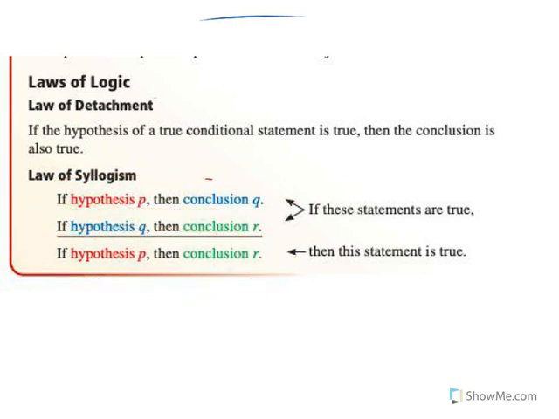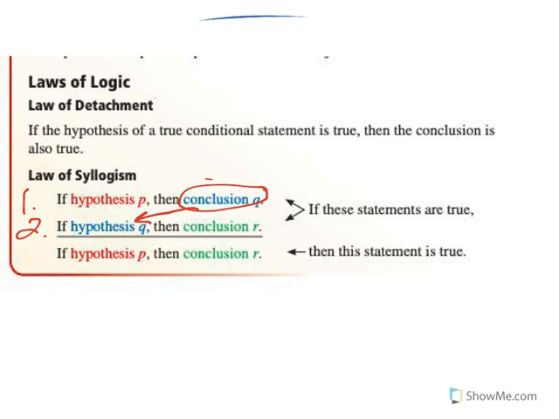The law of syllogism says that when you have the first if-then statement, you have a hypothesis. If I can see stars, then it's nighttime. And then your second statement takes the conclusion and makes it the hypothesis.